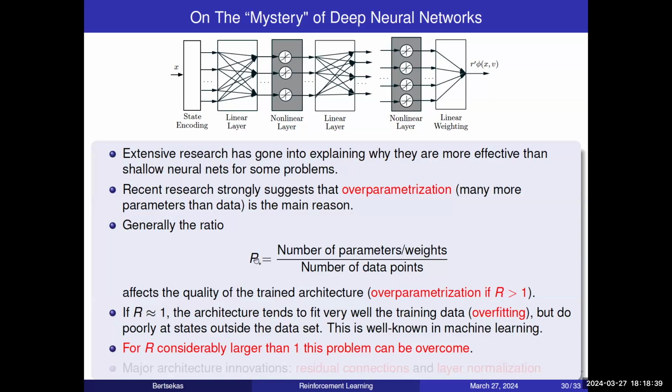And given that information, as well as some other parameters like the number n, in that context called the context window, you can actually compute the ratio between the number of parameters and the number of data points.